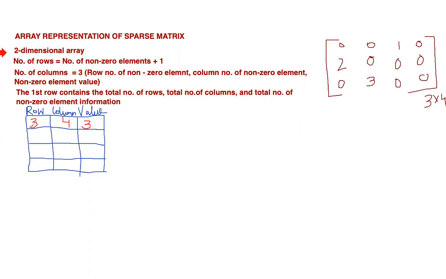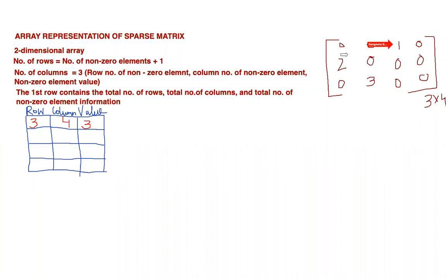After the first row, we are going to show the information about the non-zero elements. So let us first go and check the first row. Is there any non-zero element? Yes, there is a non-zero element. Where is it? It is there in the second column.